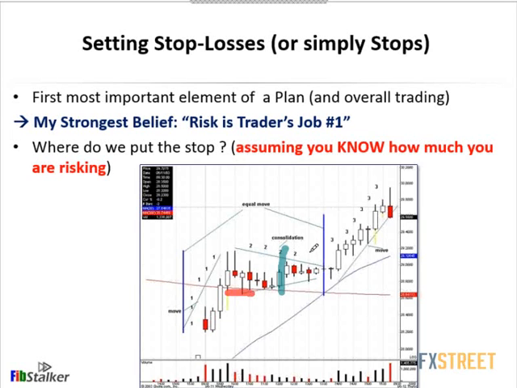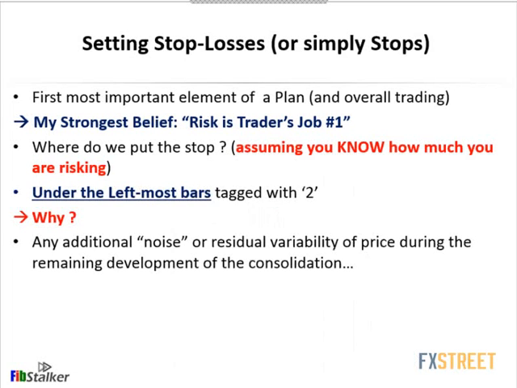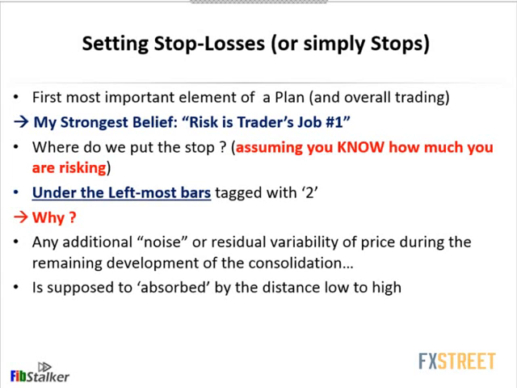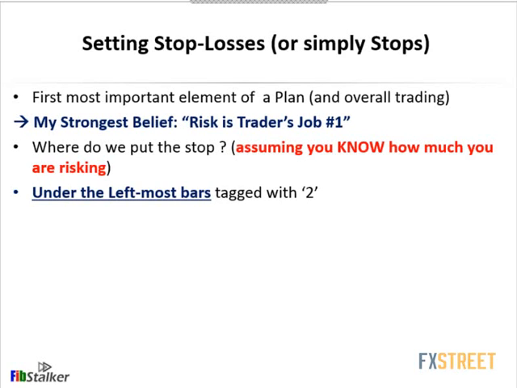We have not taken any decision yet on what is going to be our entry level. But as the market develops here, we also develop an idea about that. And so why do we do this? Because we believe that the additional noise that can come during the residual development of the consolidation, that variability, is supposed to be absorbed by the distance between low and high.